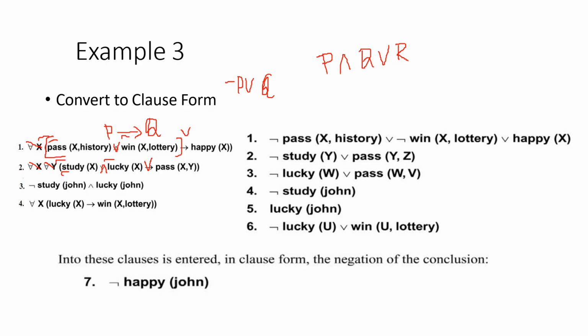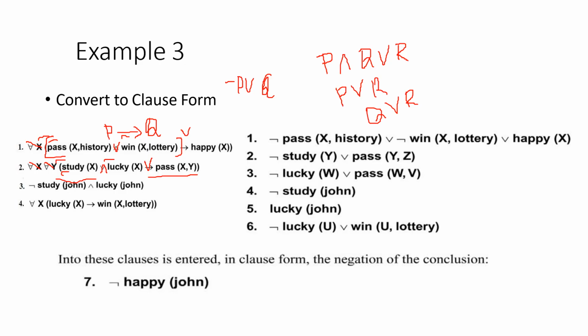So this we can write as p or r as one clause, and q or r as the other clause. Q or r is the next clause. So p is not study x, and r is pass x comma y.